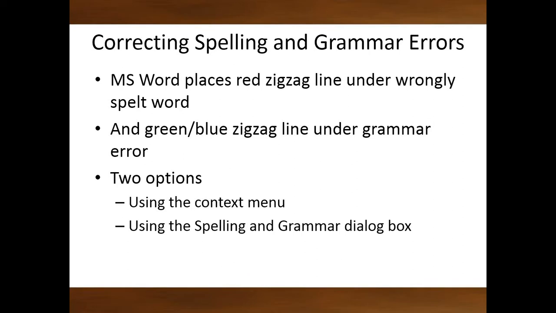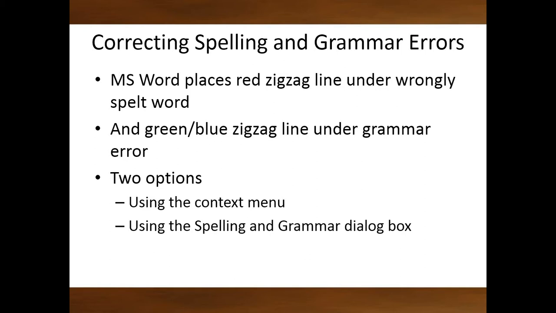If it is a wrong grammatical construction of a sentence, then a green or a blue zigzag or wavy line is placed under that sentence or phrase. Whether it is green or blue depends on the version of the program you are using.